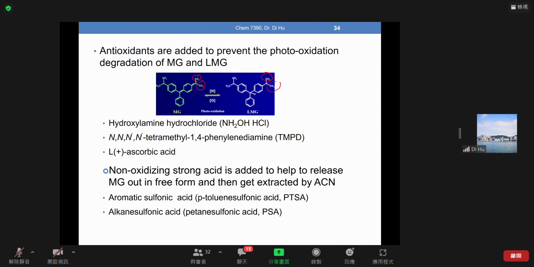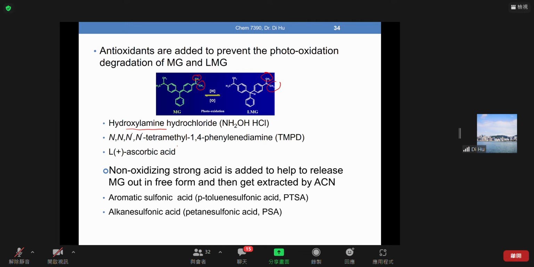So that's why, when you do the sample extraction, it's better to add some antioxidants. The one we just mentioned is hydroxylamine, which is often used. Another option is TMPD, which is often mentioned, and ascorbic acid, that's vitamin C. It's very good.